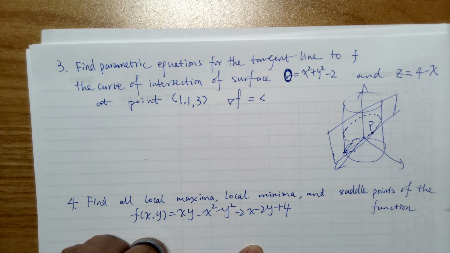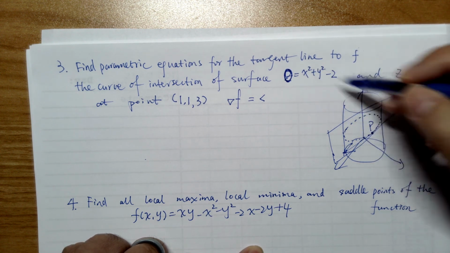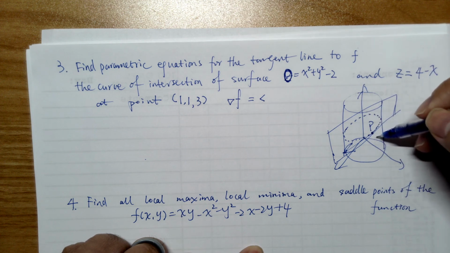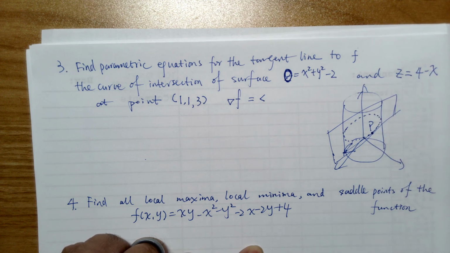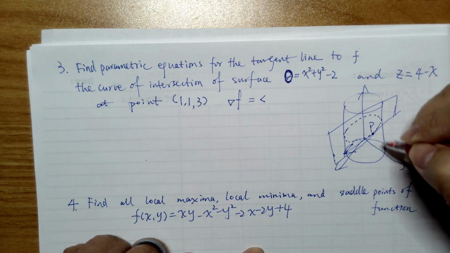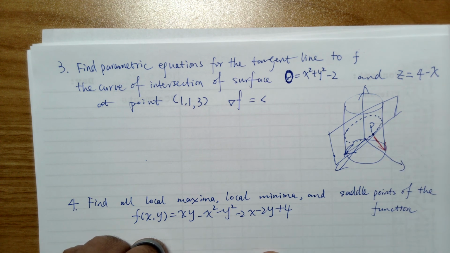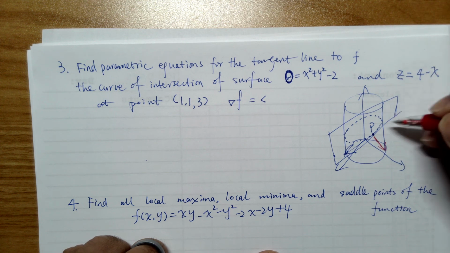The gradient for this cylinder is always normal to here, and the gradient for this surface is also normal.